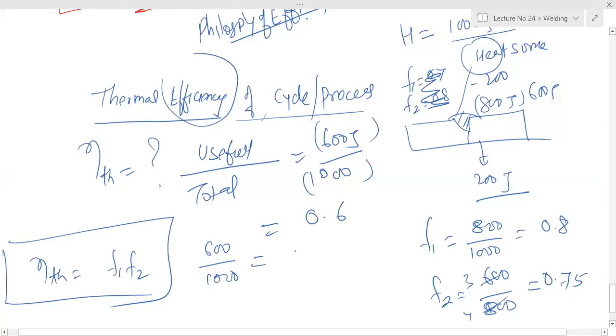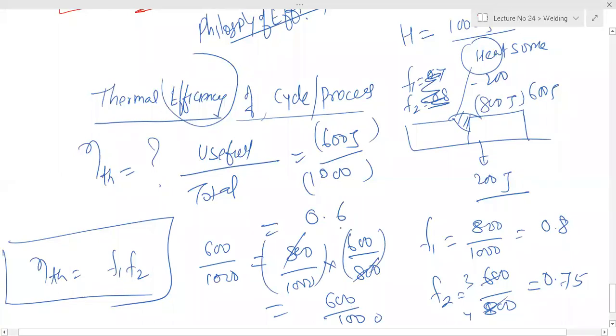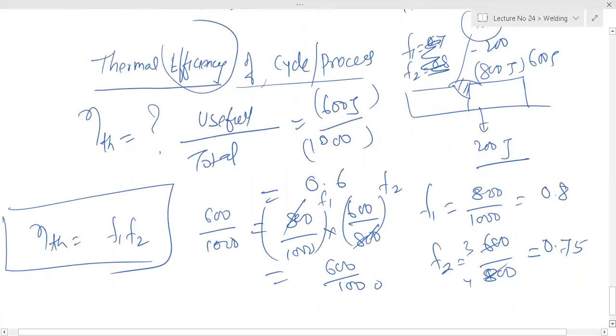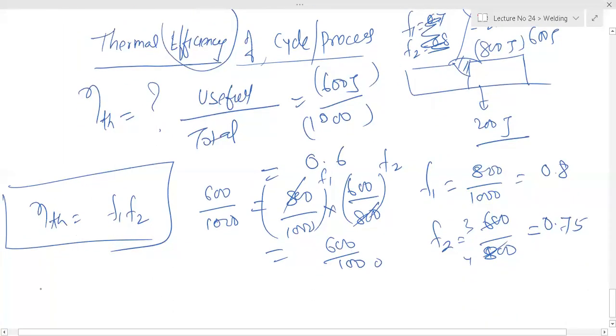You can also write 800 divided by 1000 into 600 divided by 800. 800 will be cancelled, that is also equal to 600 by 1000. This is your F1, this is your F2. So you can write thermal efficiency is F1 into F2.